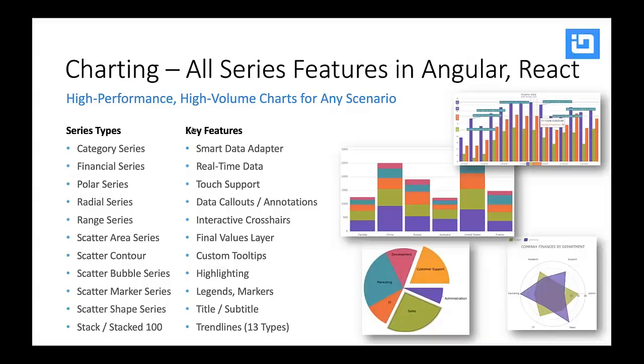So every series type, financial, polar, radial, range, scatter, scatter contours, bubbles, scatter marker series, shape series, all the stacked series, all the area series, all of these are shipping now across React and Angular with all of the interactive features. So not only the ability to do real-time data, real-time rendering, but touch support, callouts, crosshairs, highlighting, all the good stuff, plus trend lines that you've come to expect.